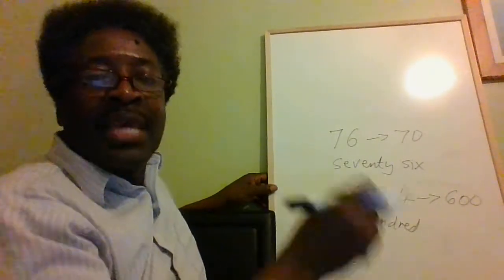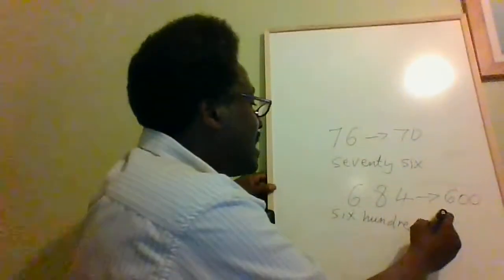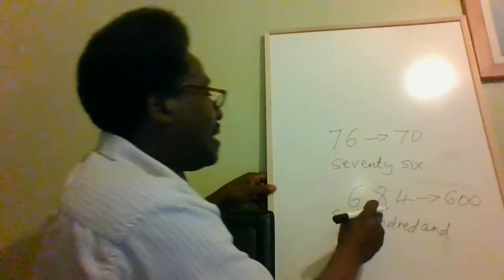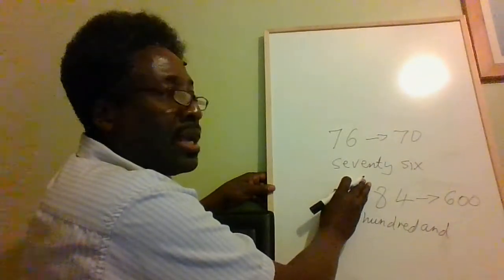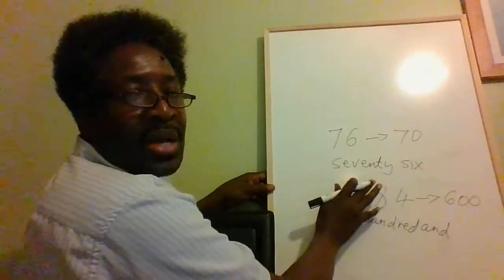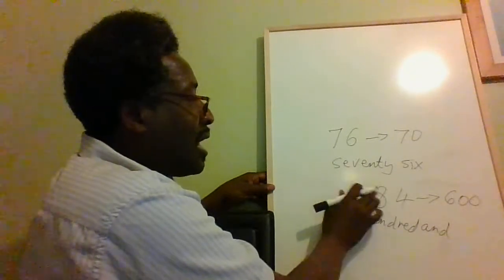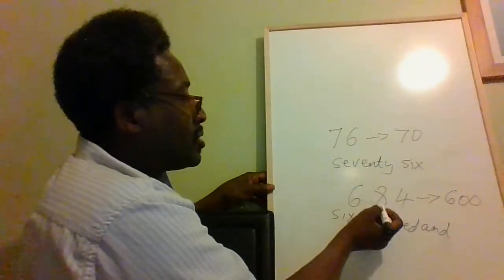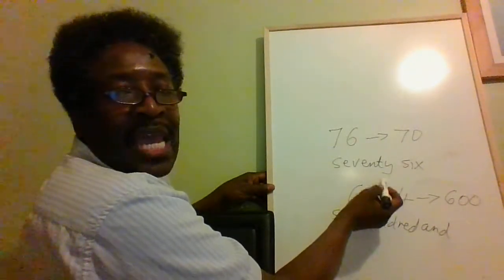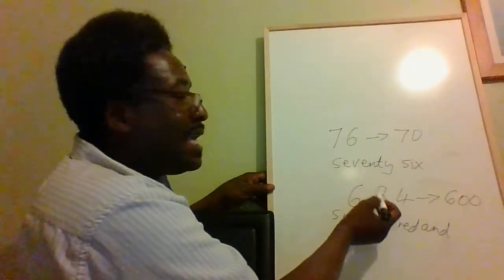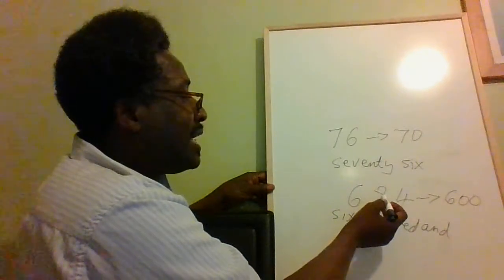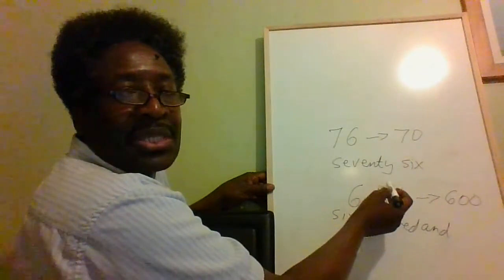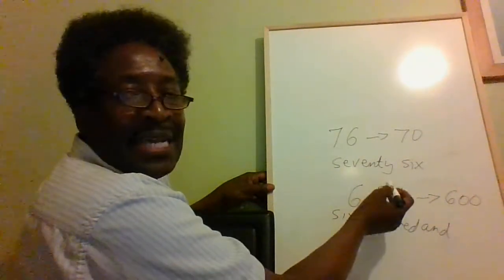So you now say 600. And don't forget the and. 600 and then these last two digits. You imagine the 6 is not there. You just mention that number. You can see that's 84. And it's actually 84 because this 8 is in the tens place value. So that digit of 8 represents 8 tens, 8 times 10, 8 lots of 10, 80.